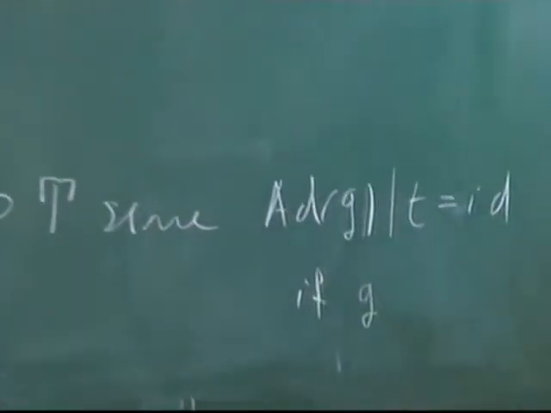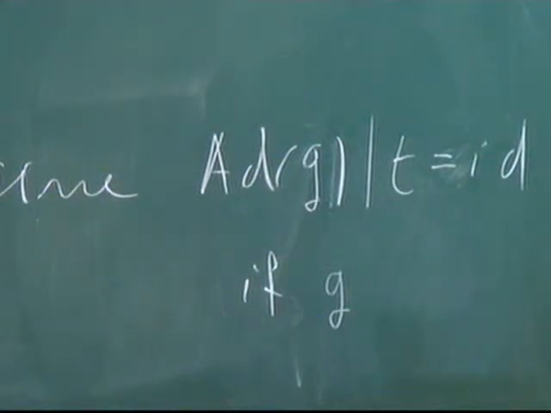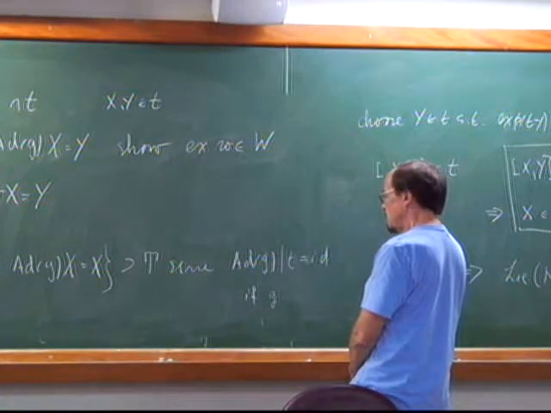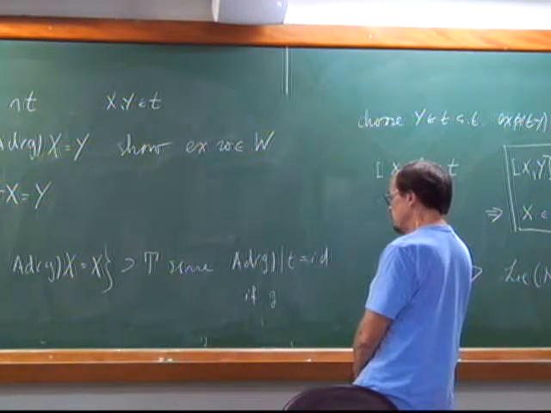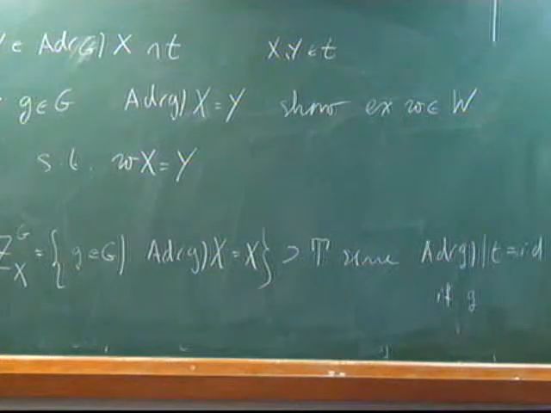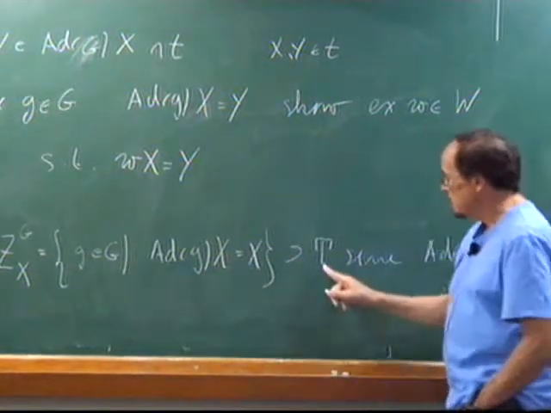We know that Ad(g) of x is equal to y. Of course, this is the set of all elements g that have this property, so T lies in here.